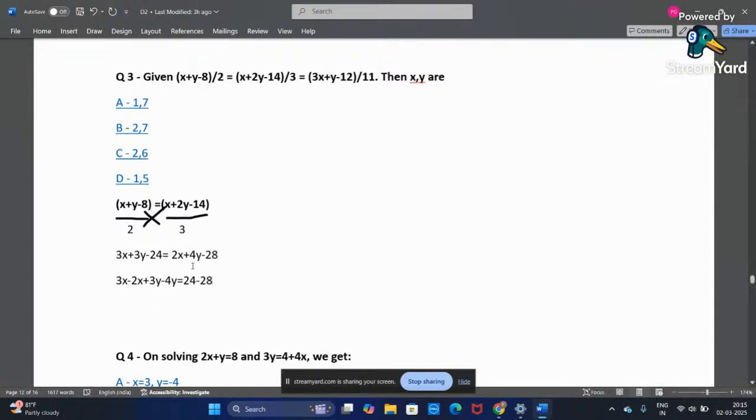This x and y digits I'm taking this side and here this digit I'm taking to the right side. Okay. So 3x minus 2x it is x. 3y minus 4y it is minus y. And 24 minus 28 it is minus 4. This is the one equation we got from these two equation.